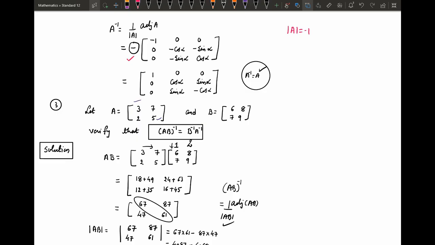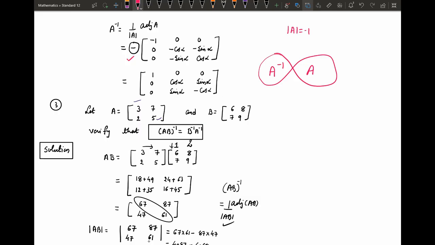And the interesting thing is, you can observe that in this particular example, A inverse and A both are the same.